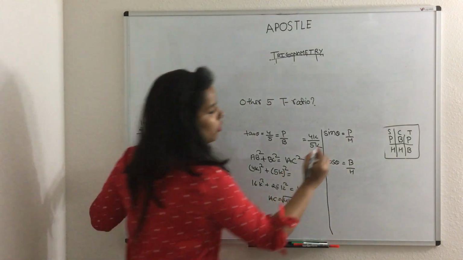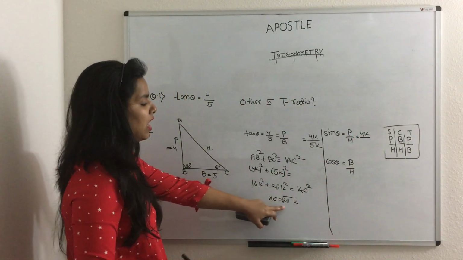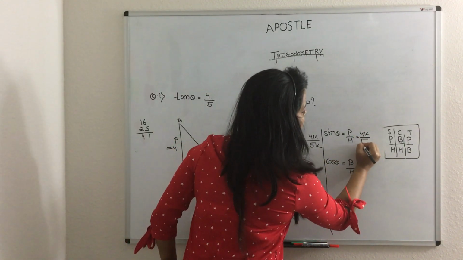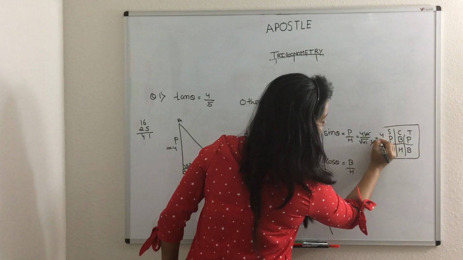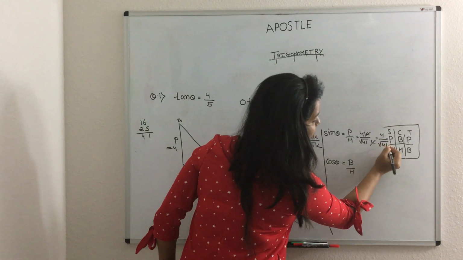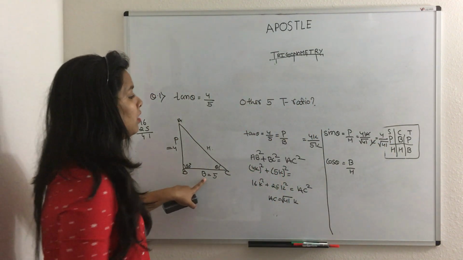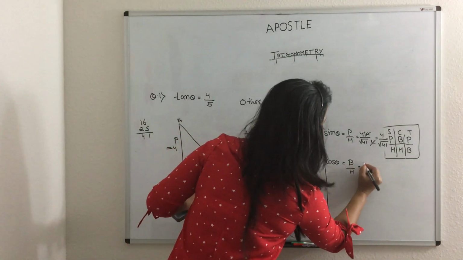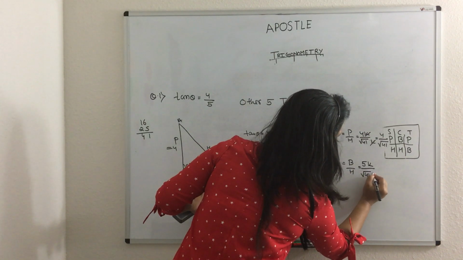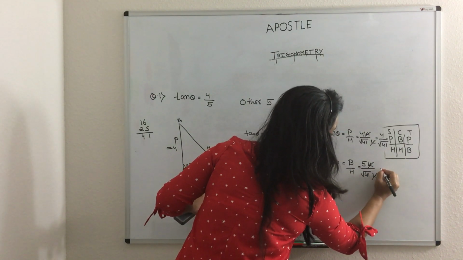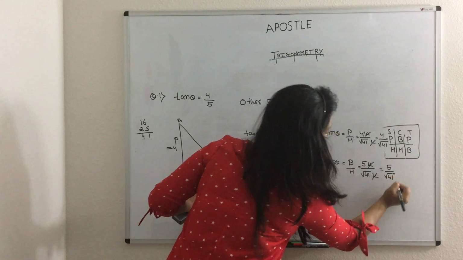P is 4k, and hypotenuse we calculated as under root 41k. So we can cancel k to k, and the answer is 4 upon under root 41. In this case we have to calculate cos theta, so b is 5k, and again hypotenuse is under root 41k, so we cancel k to k, and the answer is 5 upon root 41.